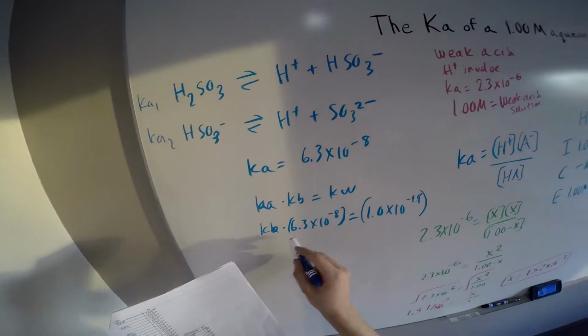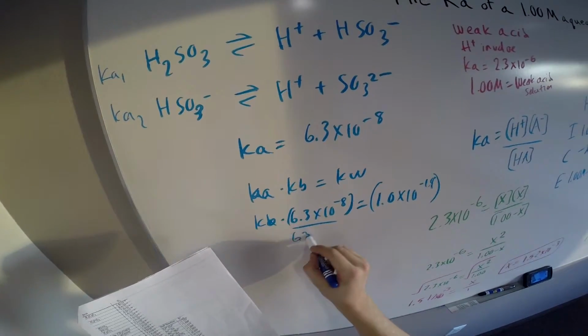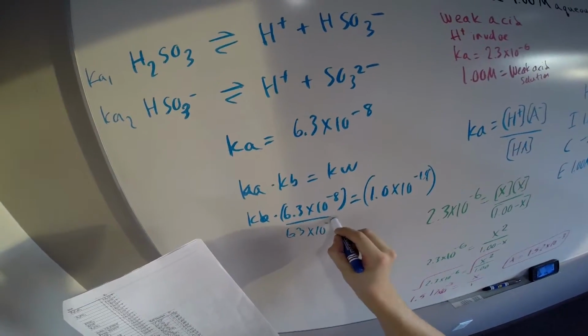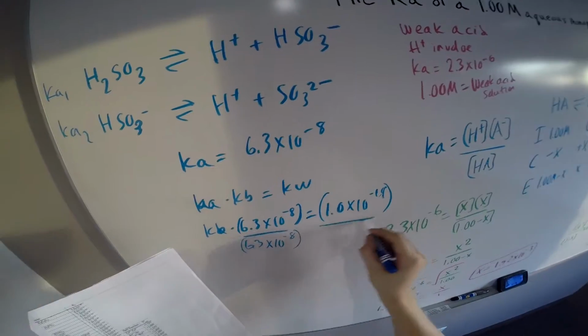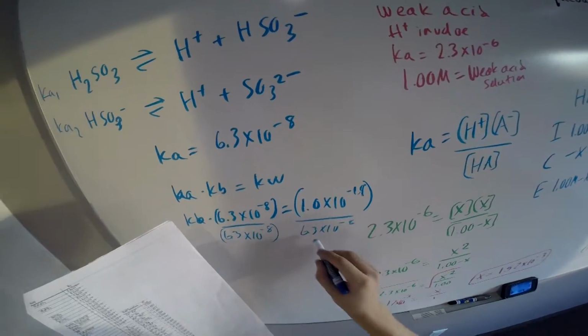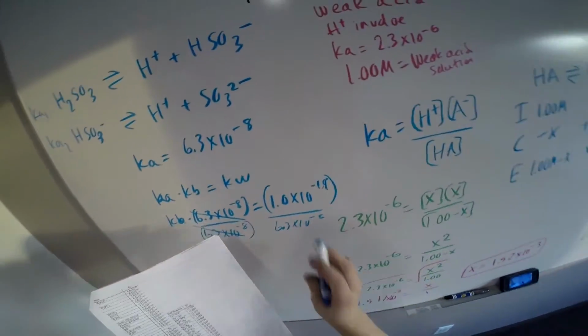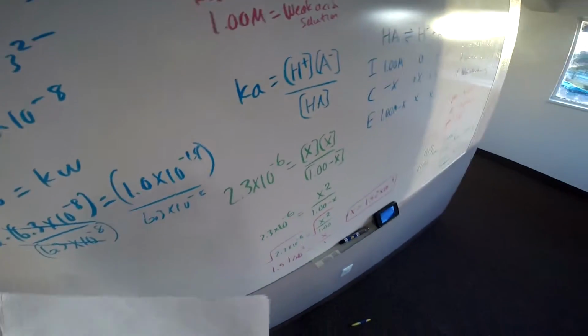So now we're going to divide on both sides by 6.3 times 10 to the negative 8. There we go. That's a point. So then this will cancel, and we'll go to our calculator to solve this next portion right here.